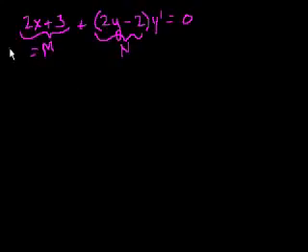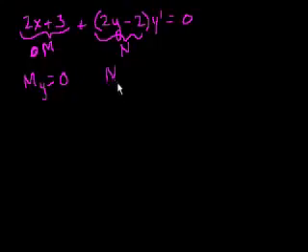First let's test if it's exact before we start talking about xi. So what's the partial of M with respect to y? Well, there's no y here, so it's 0. And what's the rate at which N changes with respect to x?